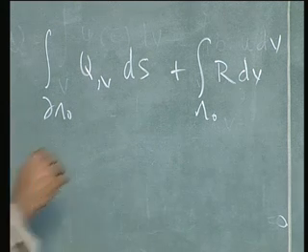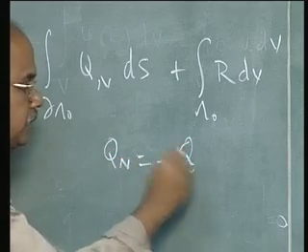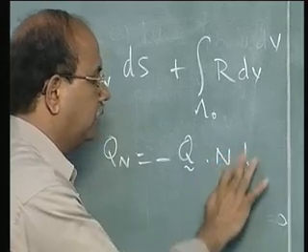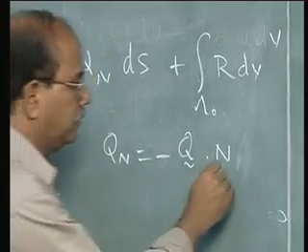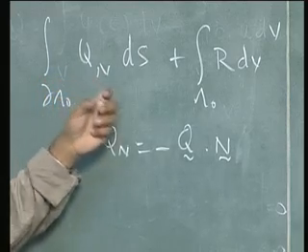Of course, Qn is equal to minus Q dot n, where Q is the flux, and that's what goes into the first term here.